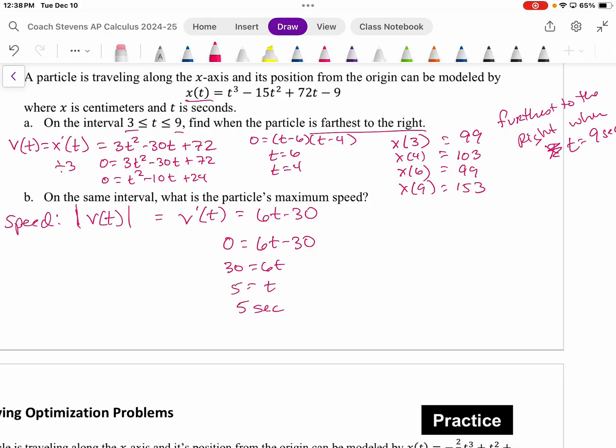And when I set the acceleration equation equal to 0, it's almost like finding the change in concavity, where we go from negative to positive or positive to negative. So there's our t value.